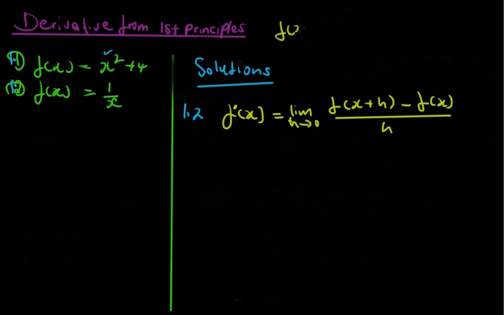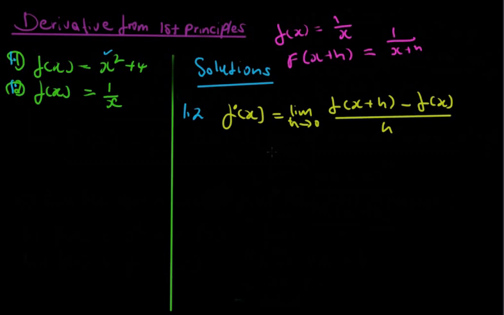Then f of x, okay, let me change the color of my pen. f of x is equal to 1 over x, and f of x plus h must be equal to, instead of x you put x plus h, 1 over x plus h. Okay, then let's rush to calculate that in the few minutes that's left.